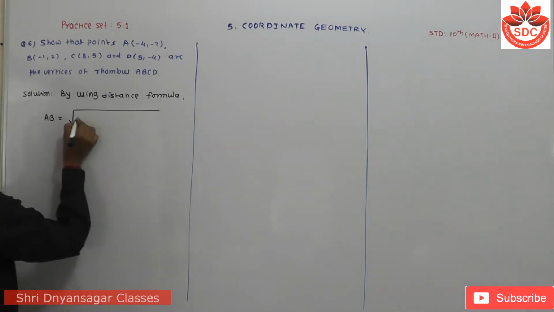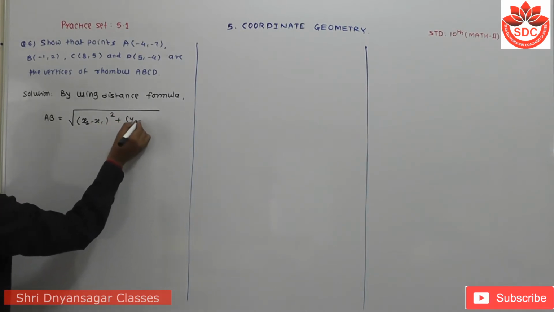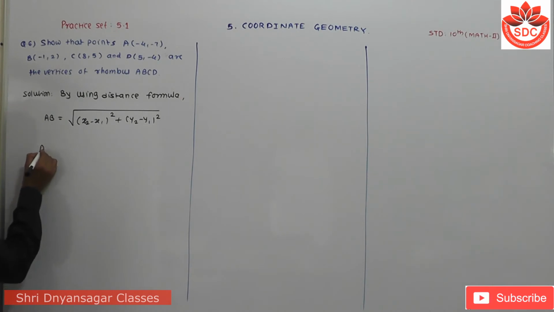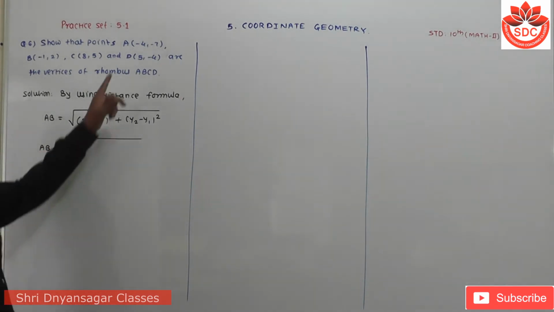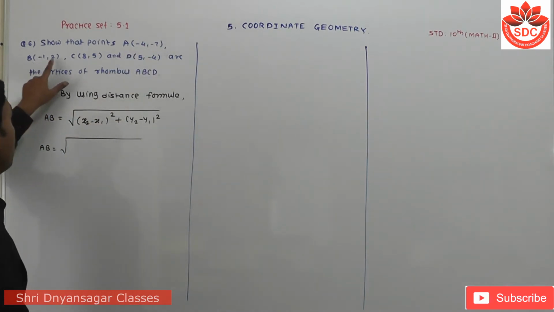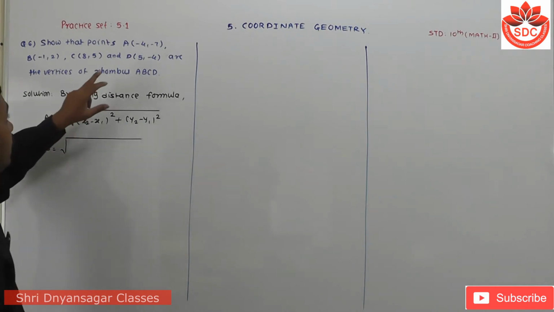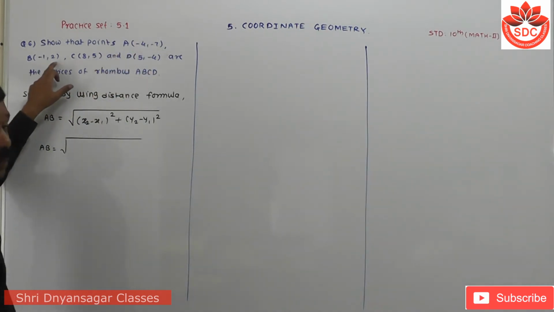The formula is the square root of (x2 minus x1) whole square plus (y2 minus y1) whole square. Student, first I have to find the distance of AB using this formula. A has coordinates (-4, -7) and B has coordinates (-1, 2). Suppose this one is x1, y1 and this is x2, y2.